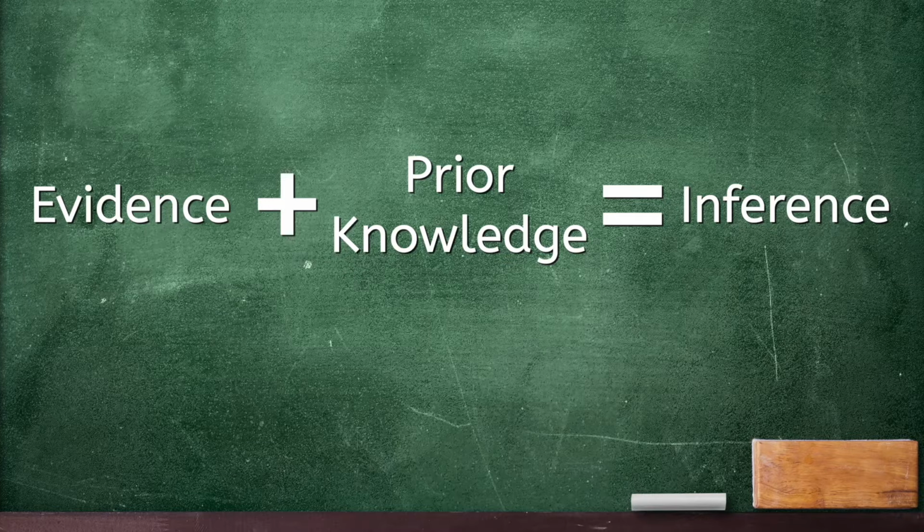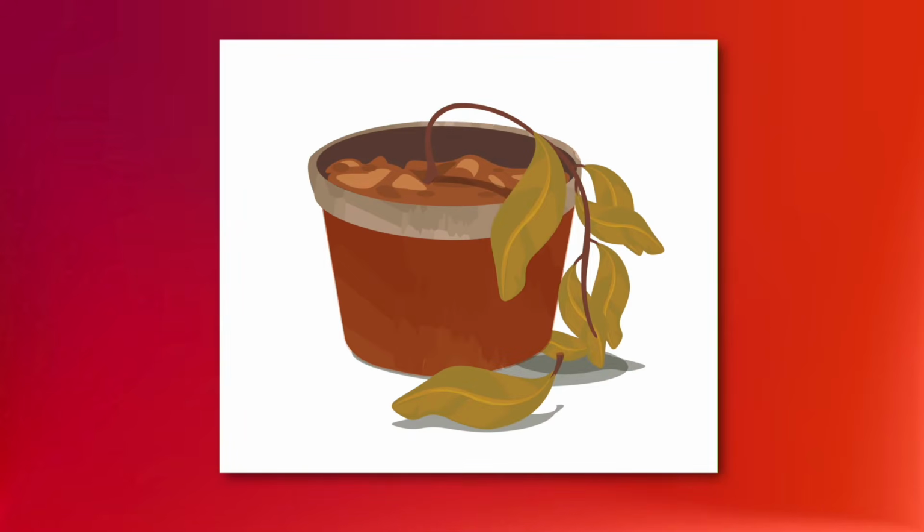It's almost magical. Inferencing is also really useful during lots of other moments in your life. Can you think of a time where you might need to make an inference? Here are some of my ideas. If you see that your houseplant is wilted or has brown spots, you could infer that the plant needs more water or sunlight.